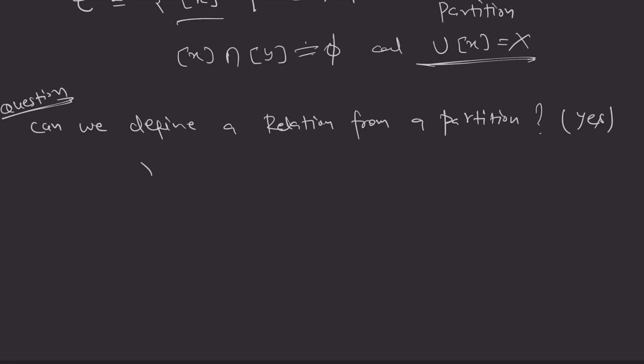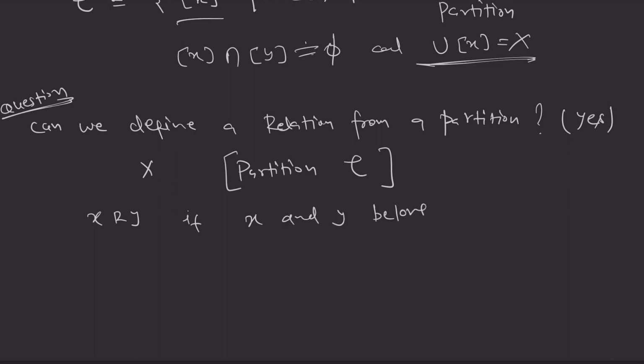Let X be the set, and the partition is the collection C. C is the collection of subsets of X. I'll define a relation: x is related to y if x and y belong to the same set.